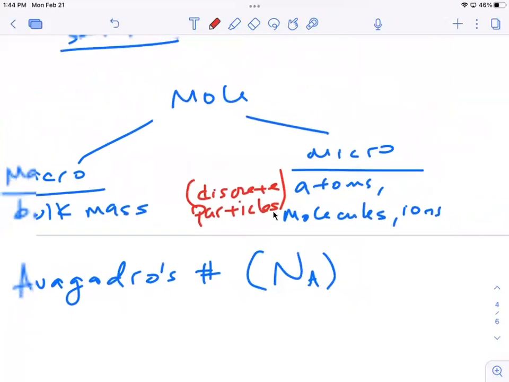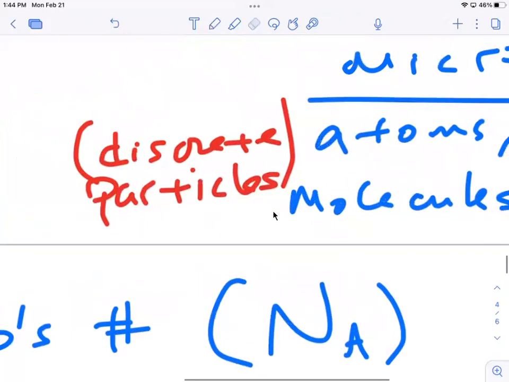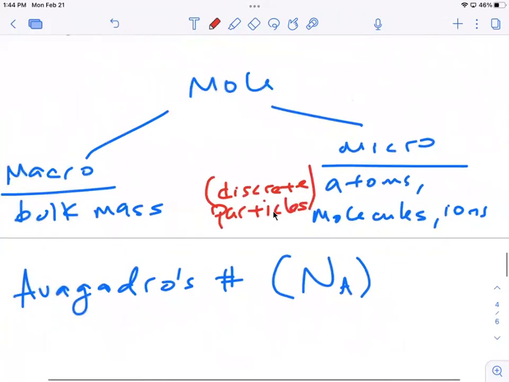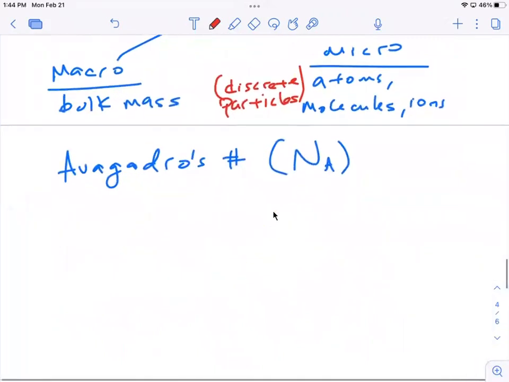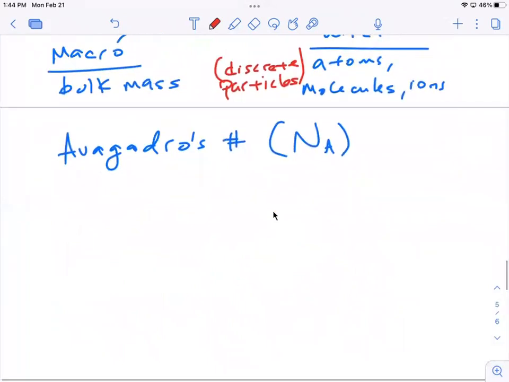So the micro level, these are what we call discrete particles. It can be an atom or a molecule or an ion, it doesn't matter. They're all considered discrete particles. All right, so Avogadro's number tells us the number of discrete particles per 1 mole.